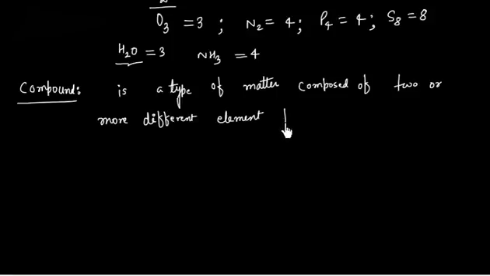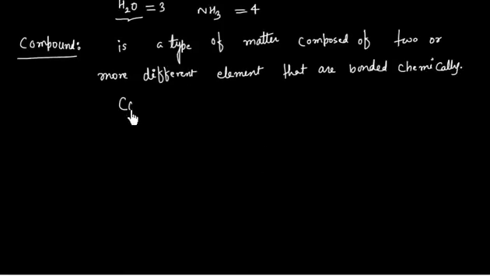Something like CO2, this is a compound. Carbon and oxygen are joined chemically. H2O is a compound. NH3 is a compound. Nitrogen and hydrogen are joined chemically. Oxygen and hydrogen are joined chemically.